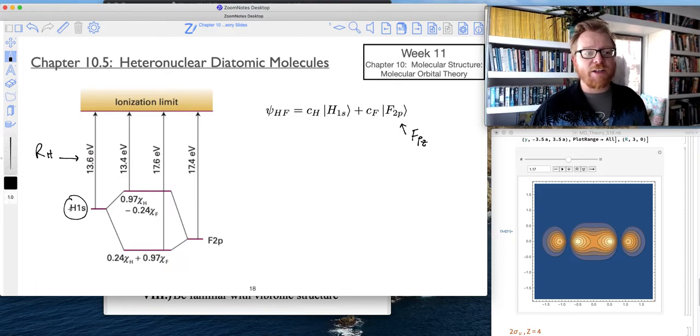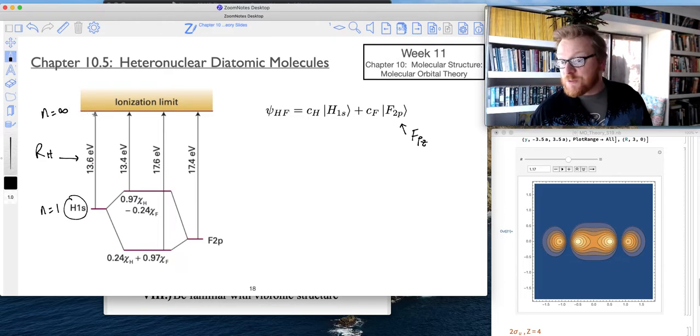Way back in chapter 9, when we built up the hydrogen 1s wave function, this line right here would be the n equals 1 state, and right up here at the ionization limit would be n equals infinity. So that's its full ionization limit, okay?